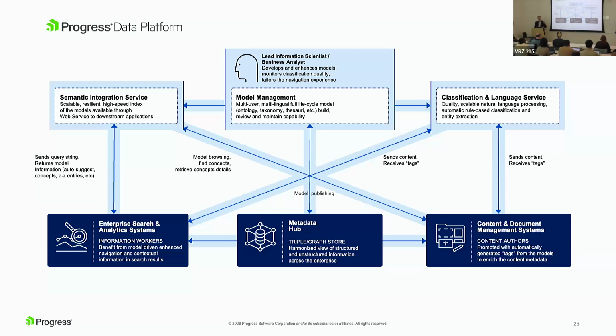They're RESTful calls. You ask, give me the tree, give me the hierarchy, give me everything related to this, give me a visualization of the entire model, whatever you need. There's a whole suite of capabilities in what we call the integration service. We saw some of it in Drew's demo with the facets and the concept descriptions coming up.